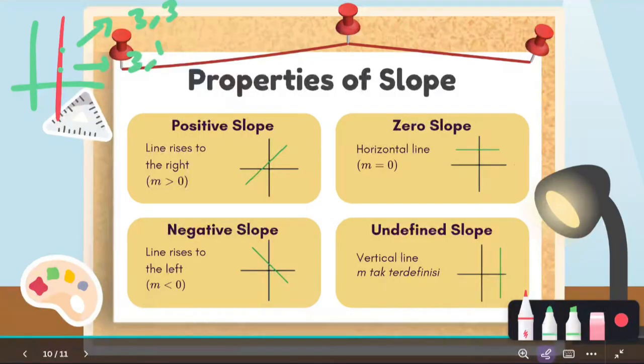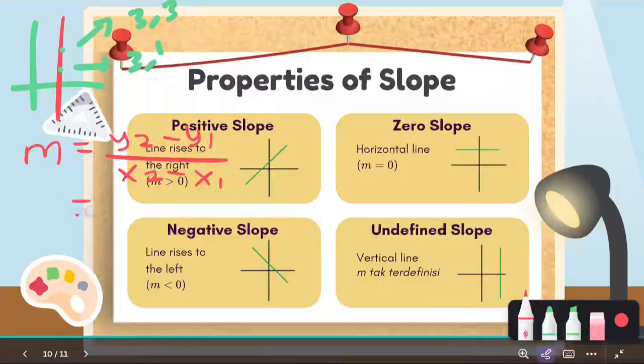Okay, we know the formula is y2 minus y1 divided by x2 minus x1. This is the first coordinate, and this is the second coordinate.